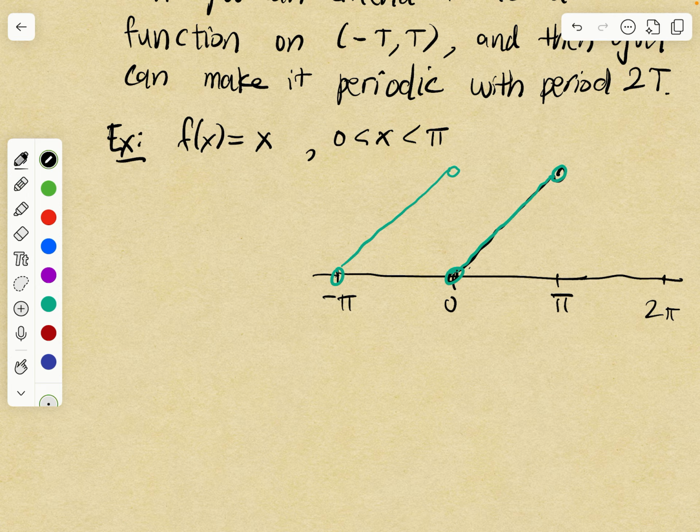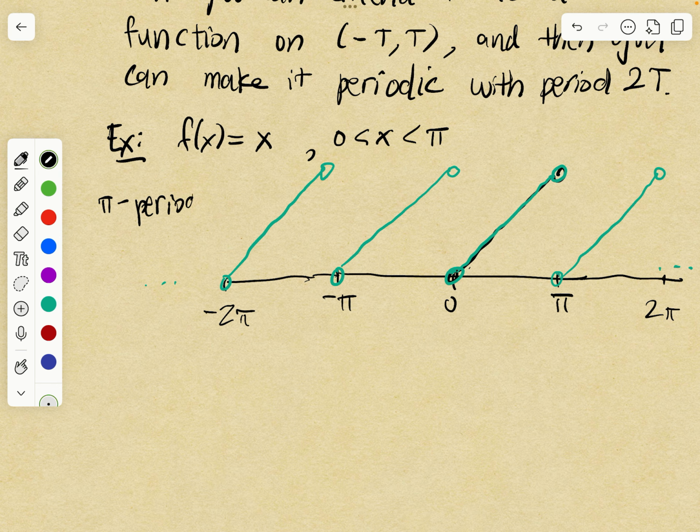So you can go to 2 pi and negative 2 pi and just keep doing this, and it'll just go on forever. This would be the pi periodic extension of f.